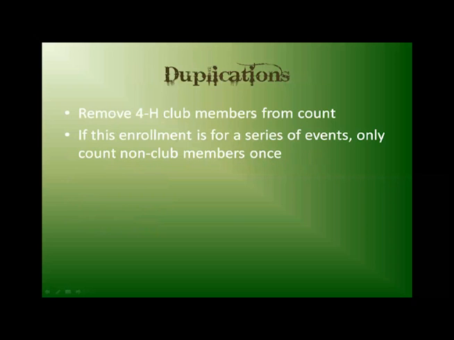Oh, okay. We kind of touched on duplications a few minutes ago, but when you're talking about duplications, as someone mentioned before, it's participants that are reported more than once in the 4-H Online system.